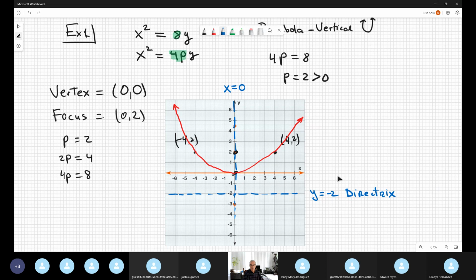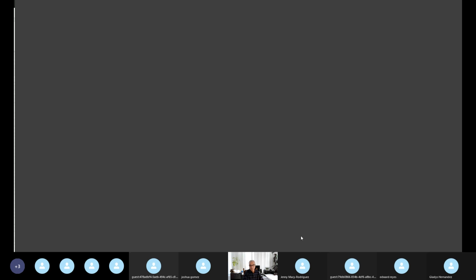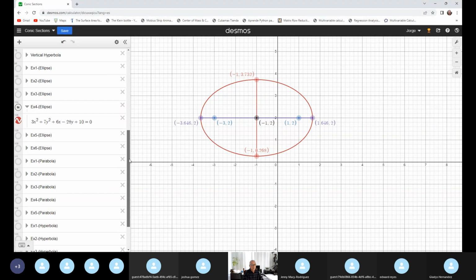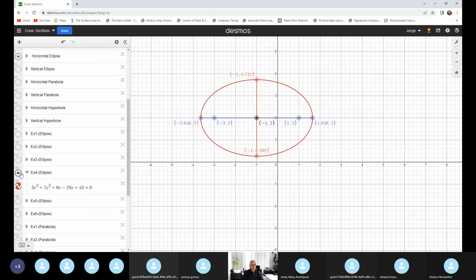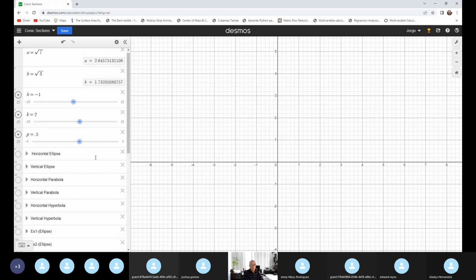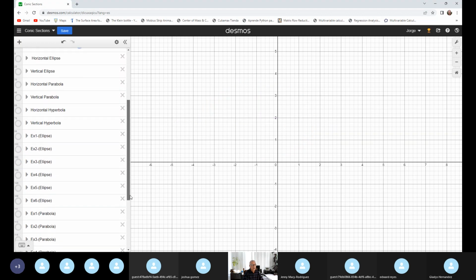Moving on to Desmos to see it more clearly, because this is a messy idea on the piece of paper. Let me delete that part and move on to example 1 of the parabola.